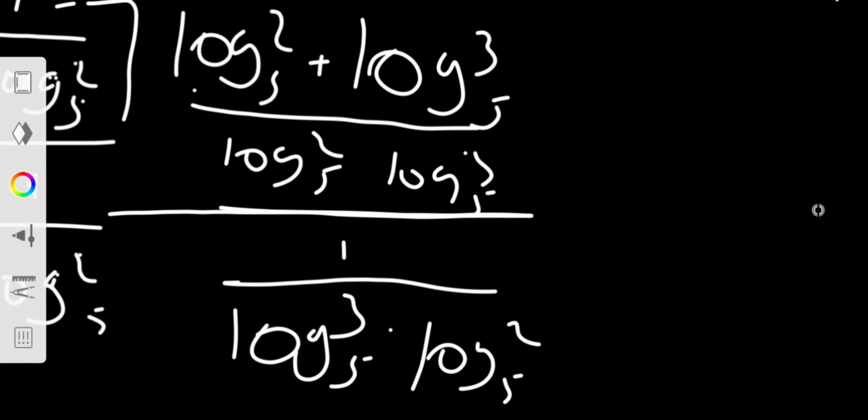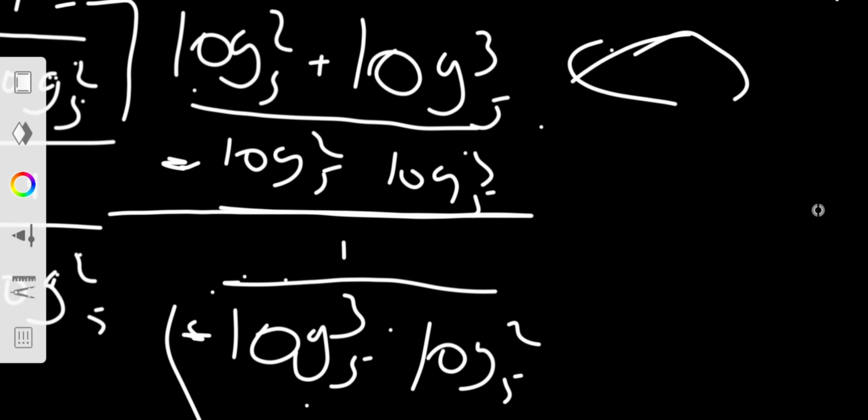So look, this part will cancel with this part, okay? You are dividing, remember that dividing goes to the other side, multiplying. So this one would be over here, and it will cancel with this.